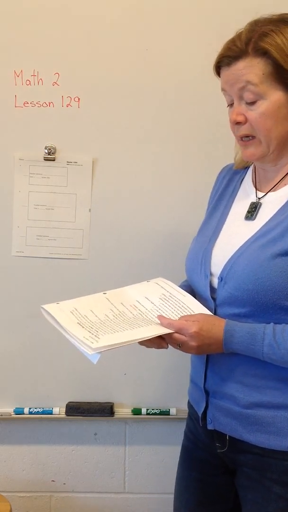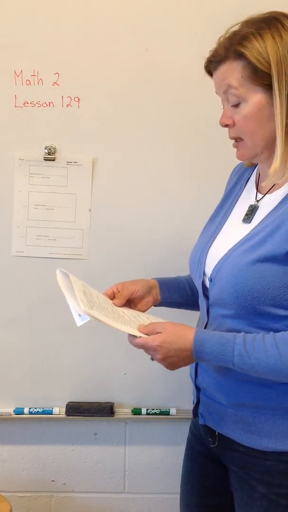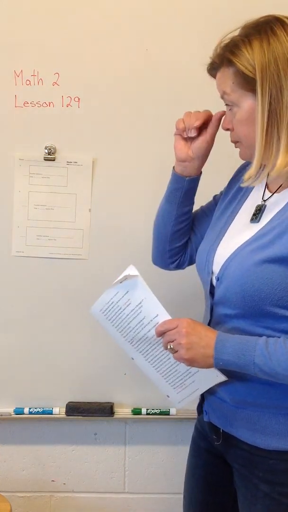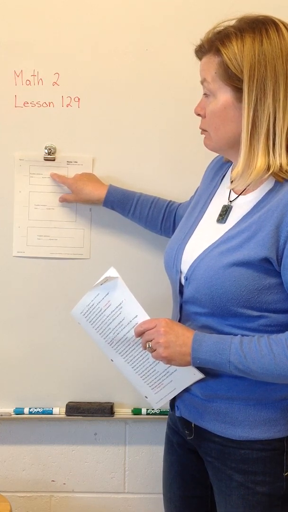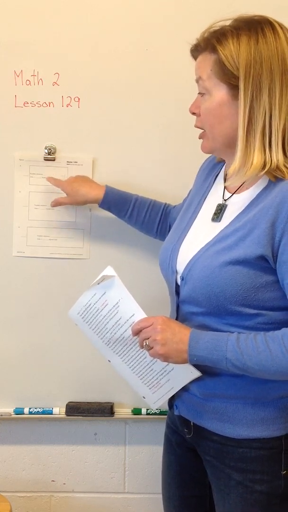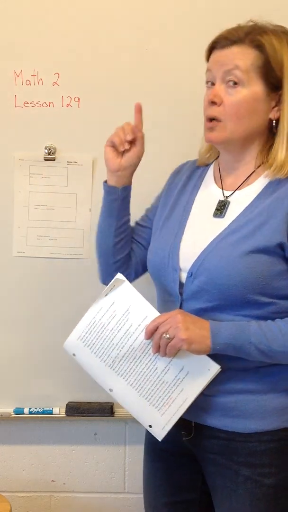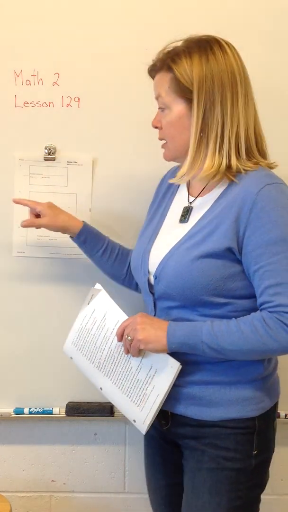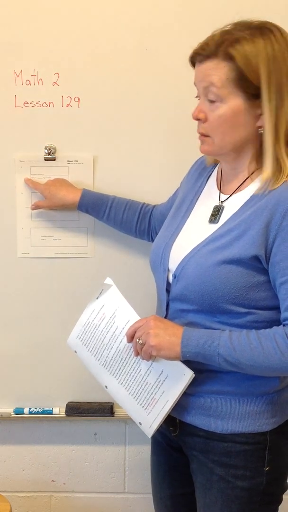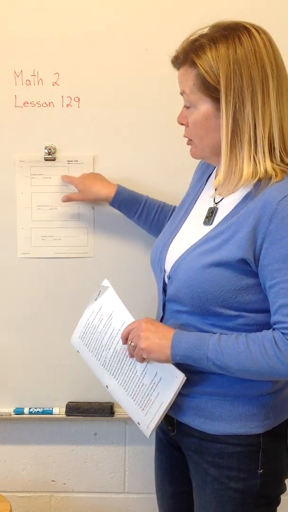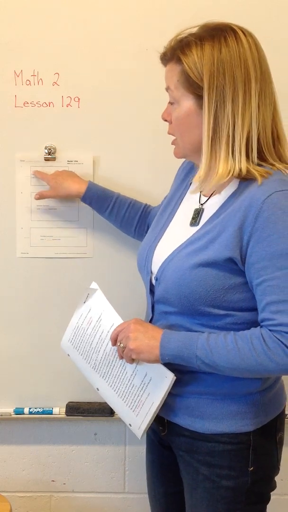We are going to write a number sentence for this rectangle and for the area. Now before we do our number sentence, tell me how many rows you have. Remember, there's a row of tiles, I'm imagining, and another row of tiles.